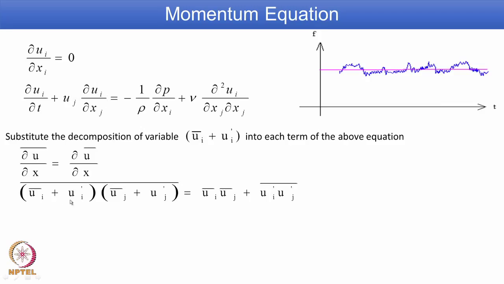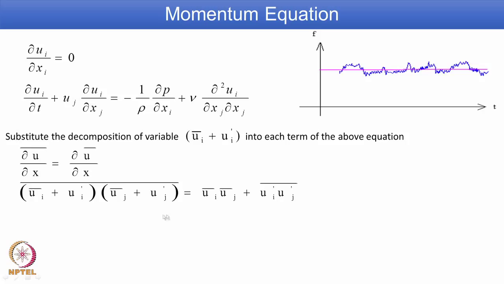So, if you write decomposition for the respective instantaneous velocity, you get ūi plus ui prime. For the second instantaneous velocity uj, you get ūj plus uj prime, and we perform finally time averaging, and that is what is shown with the over bar covering both the quantities.